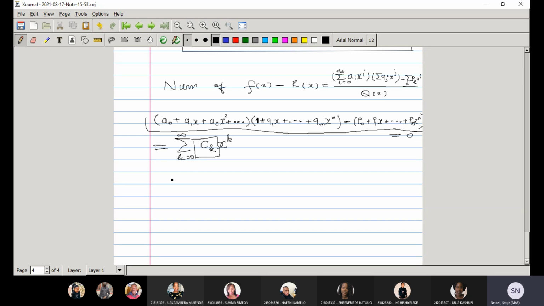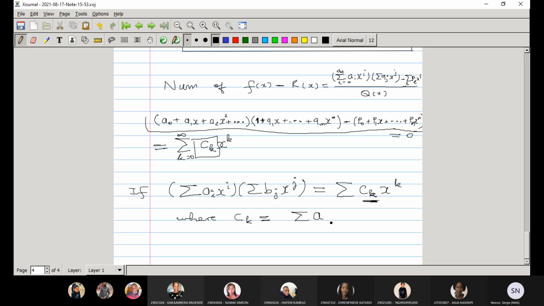If I have two polynomials that are multiplied, let's say this summation, a_i x^i, if I multiply two like this, b_j x^j, if I multiply these two, the result will also be something of this form, where this c_k will be equal to the sum, like this, of the factor x^k. Of course, I will have a factor like this.